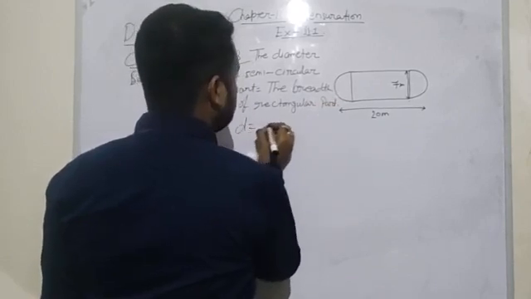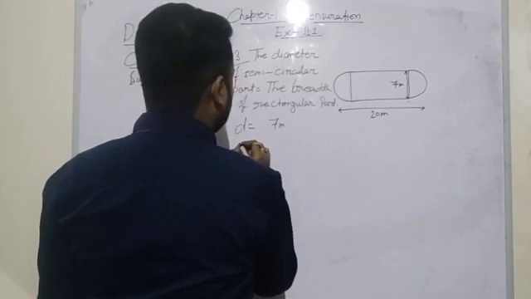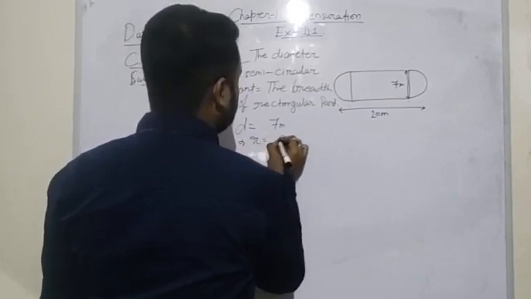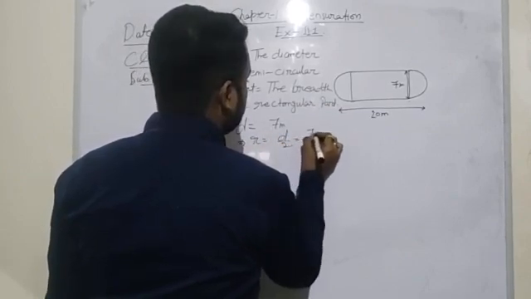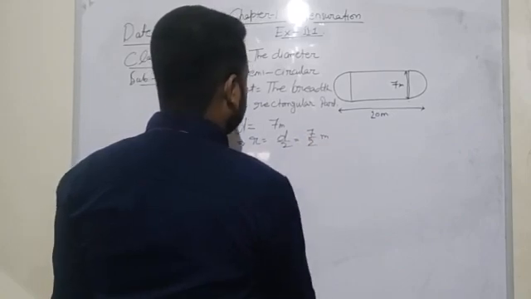So D equals 7 meter. From here R equals D upon 2, that is 7 upon 2 meter.